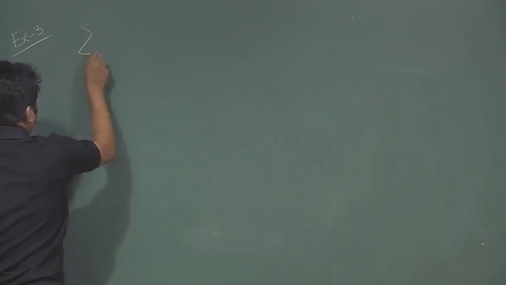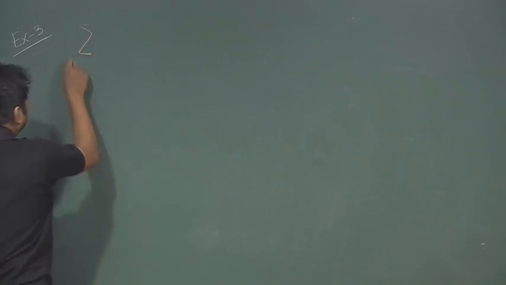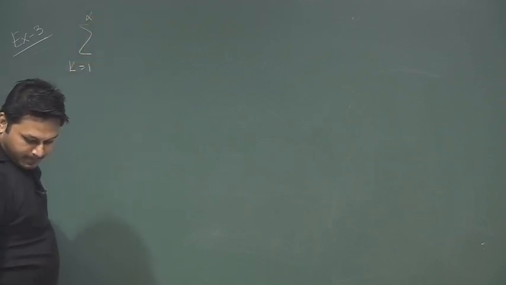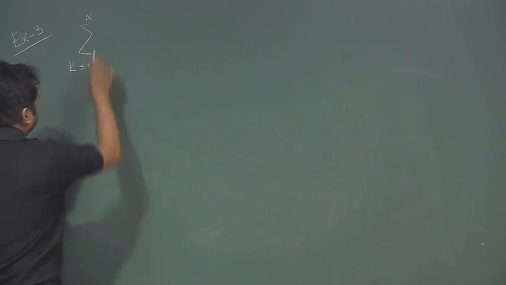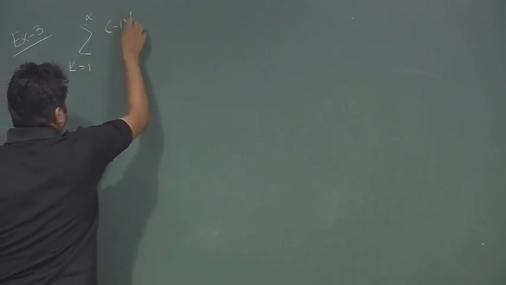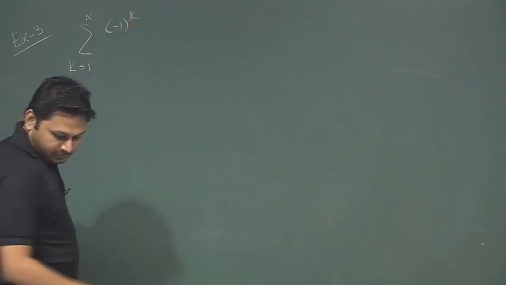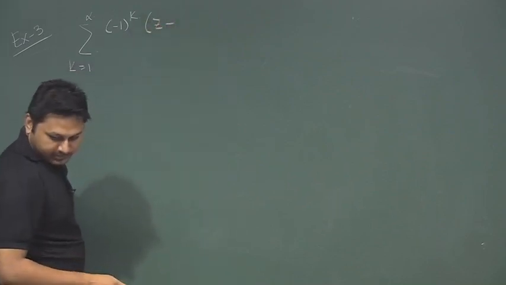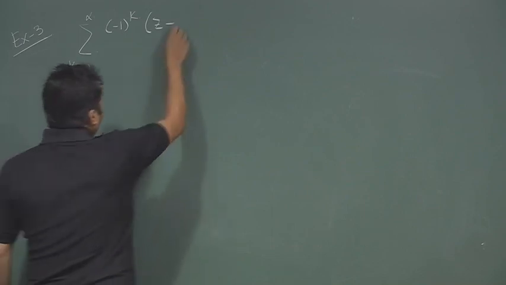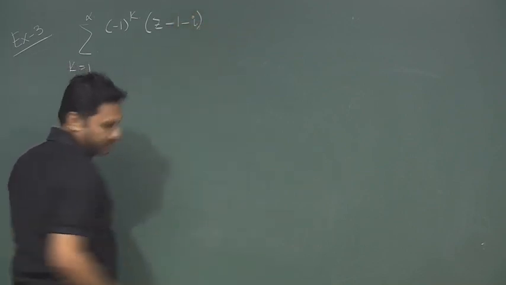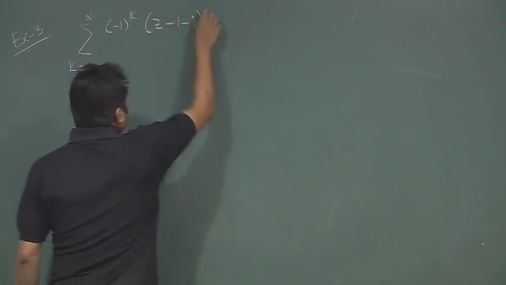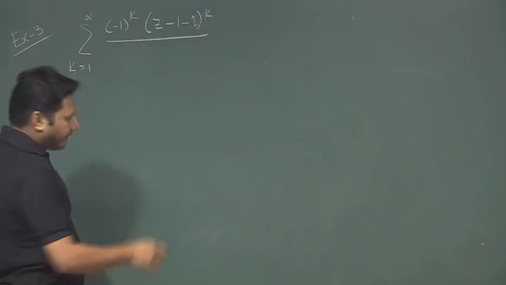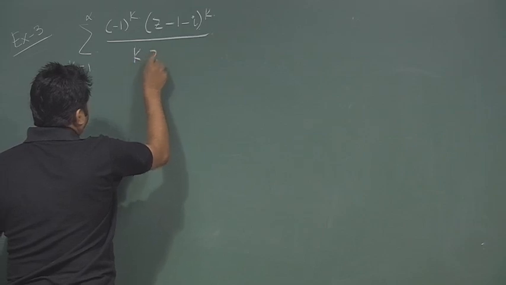The series that is given to us is the sum from k equals 1 to infinity of minus 1 whole to the power k, z minus (1 minus i) whole to the power k, divided by k times 2 to the power k.